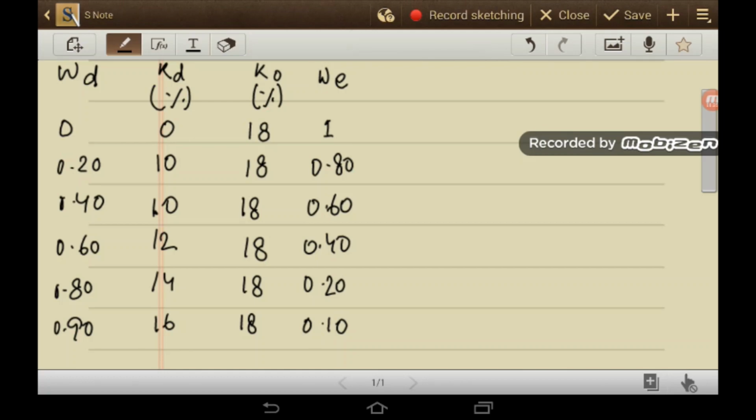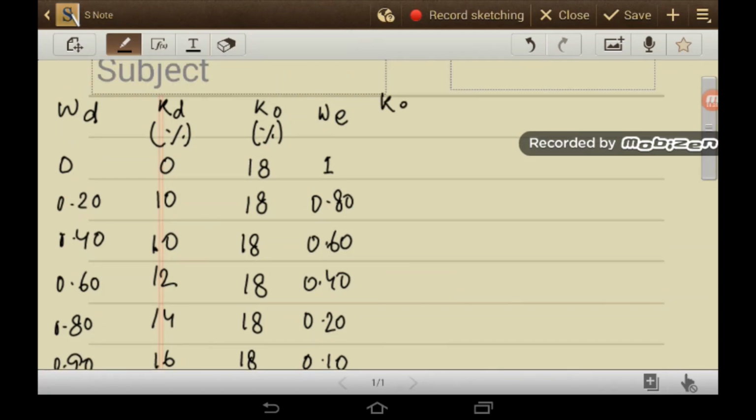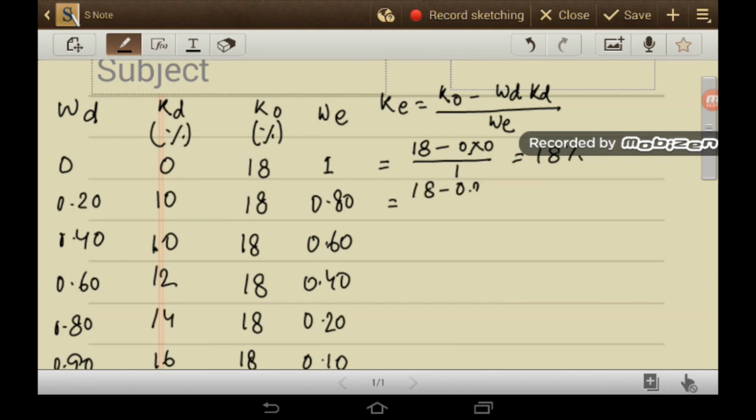And KE will be equal to KO minus WD KD by WE. So in the first case you have 18 minus 0 into 0, by 1 will be equal to 18%. Next, 18 minus 0.2 into 10 by 0.8, 20%.